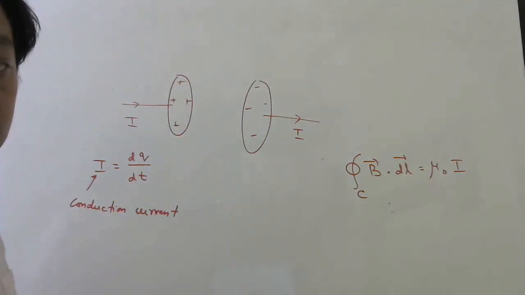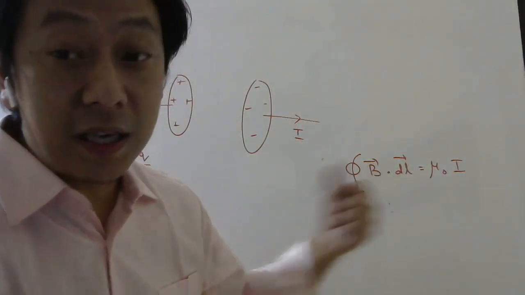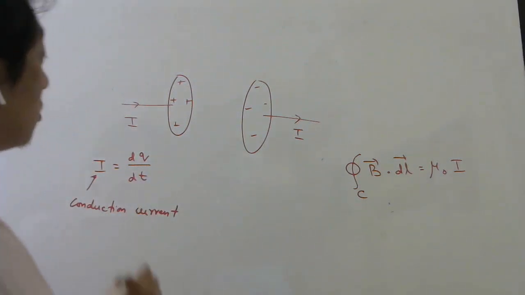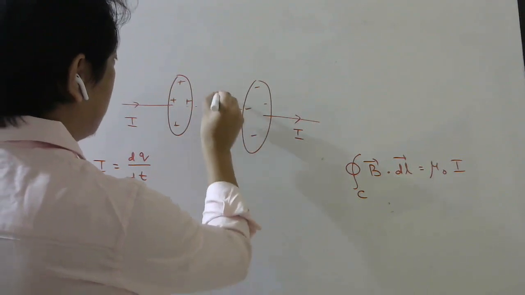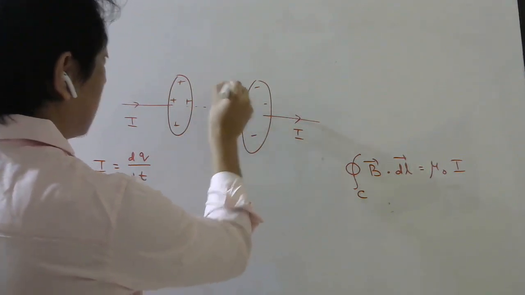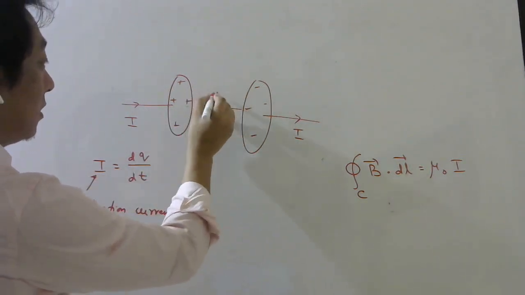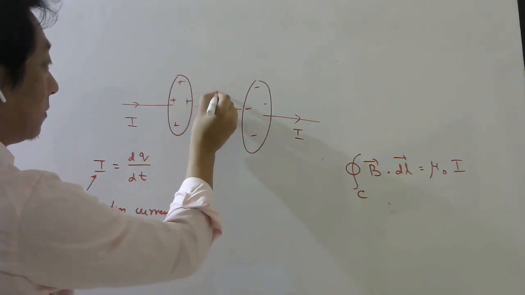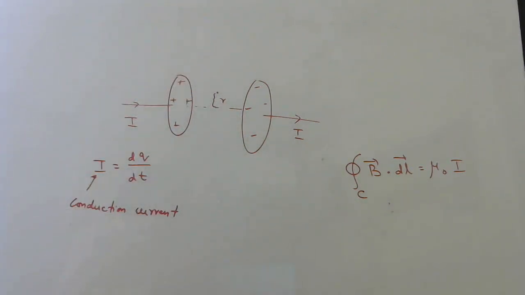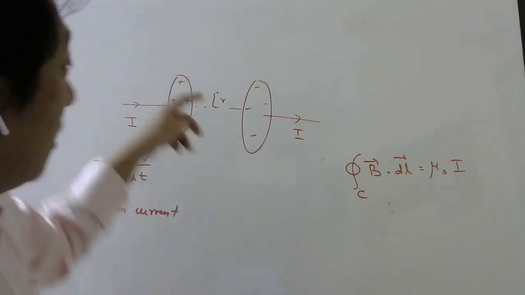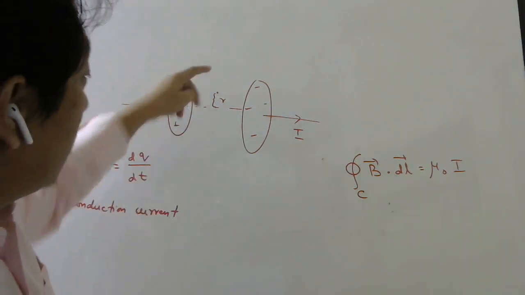But if you remember, Maxwell found that this law is inconsistent, right? So if you want to find, for example, magnetic field at some distance r from the axis, suppose you want to find magnetic field here. Then if you apply this law, you will say magnetic field here is 0. Why is it 0 here?